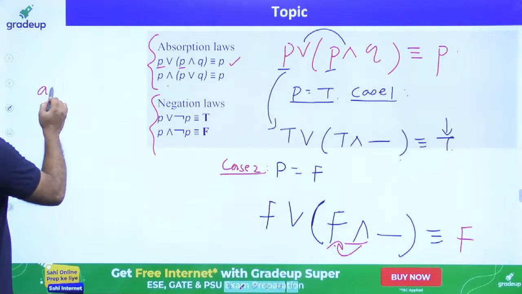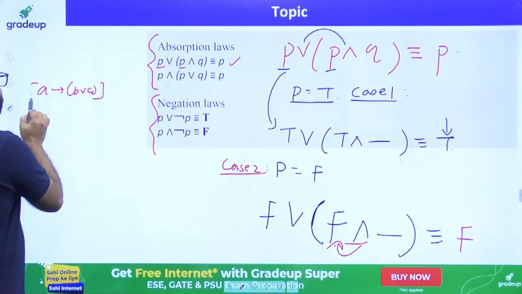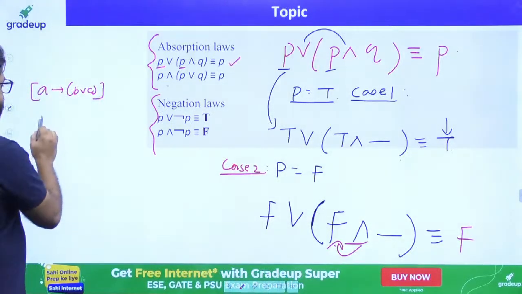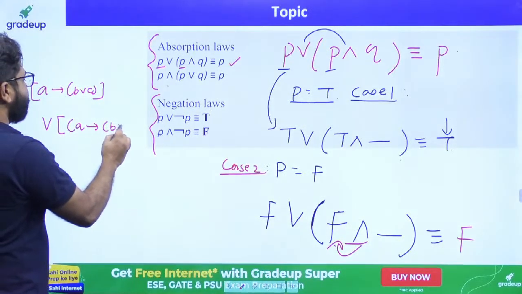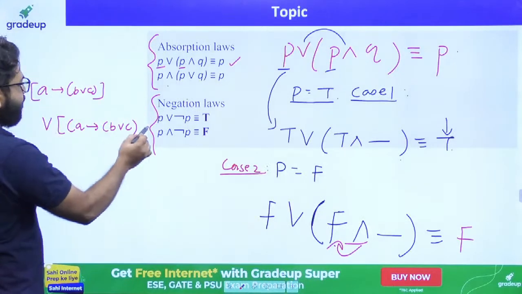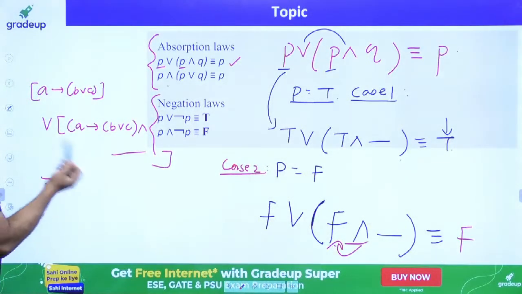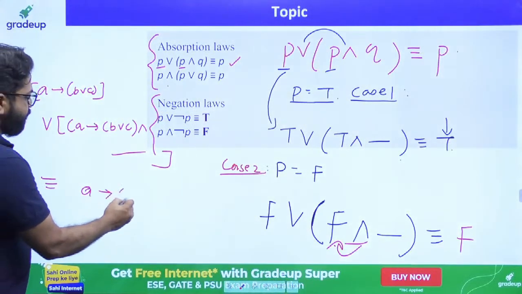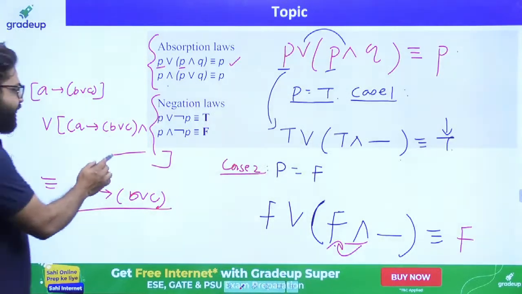Okay, fine. So one more point I want to add into the absorption law. Suppose I write something like this: A and B or C, let's consider this is outside, and then there is an or, and let's take the same thing inside. A and B or C, and then after that this is or, and here if I write and, then some other variable. What will our answer be? Your answer will be A implies B or C. I don't care whatever you are writing here.